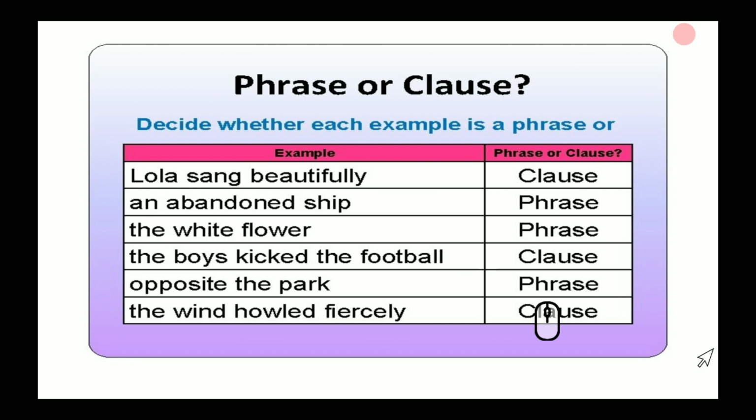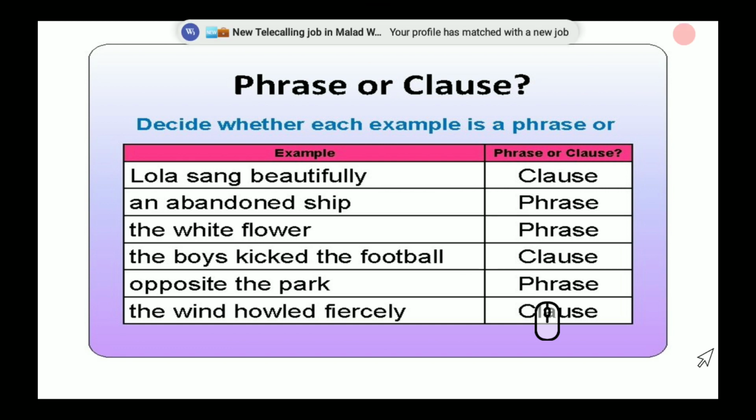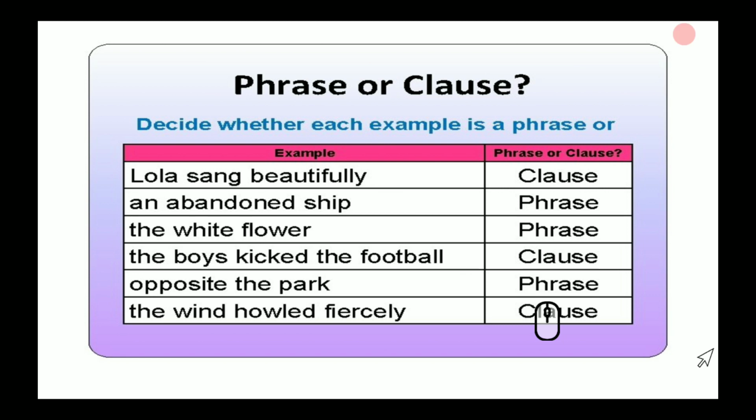So what is a clause? What is a phrase? You can understand from this exercise that we are doing on phrases and clauses. Now why is the first part a clause? Because there is a subject and a predicate, or there is a main clause and a subordinate clause.